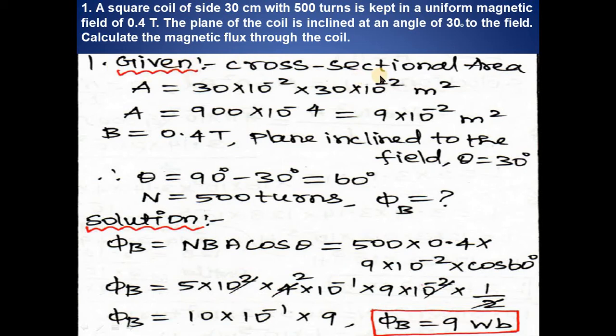Given data: the side of the square is 30 into 10 power minus 2 meter.